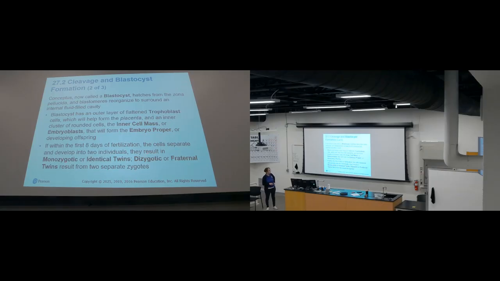This is different from dizygotic or fraternal twins, which form from two different zygotes. That's when two egg cells are fertilized, each by one sperm cell. Identical twins share more information than dizygotic or fraternal twins, and they look more alike.